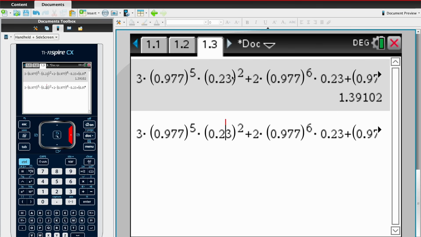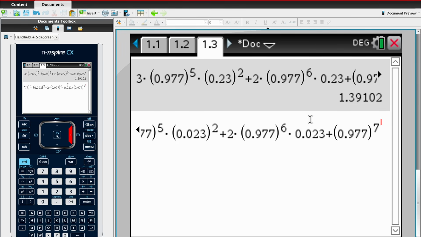So it's not 0.23, it's 0.023. It shouldn't be 0.23, it's 0.023. So, of course, if you get a value greater than 1, probability can't be greater than 1. That would be certain, that is already 100%. So 0.977 complement 0.023. Good. Now, here we go.